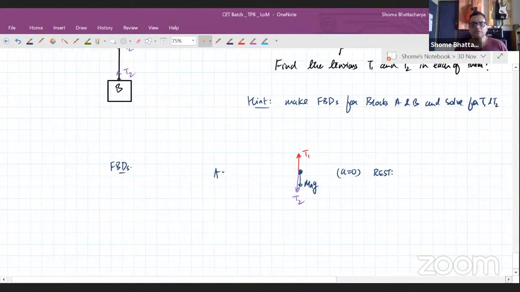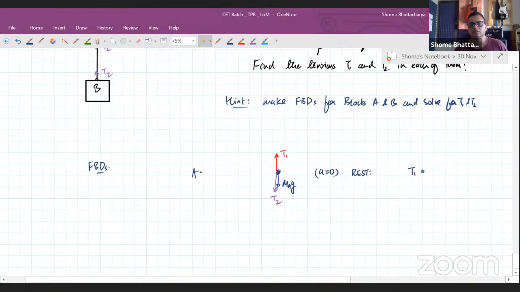So the equation we get is that T1 balances the sum of T2 plus mg. So T1 should be equal to T2 plus 200 newtons. That's our first equation.